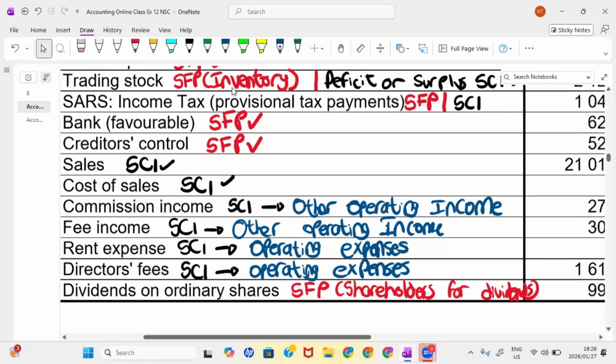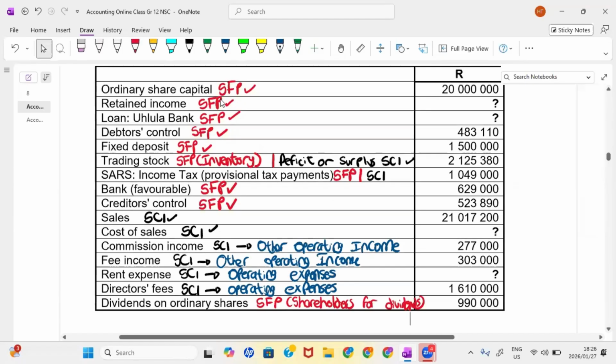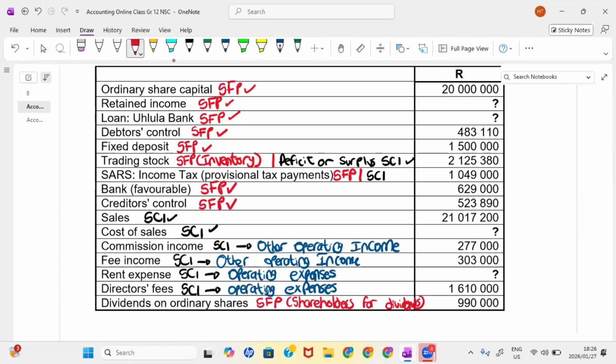So just to give a recap, everything that you see here written with black or blue is going to the income statement, the statement of comprehensive income. We can have trading stock there, whether it's trading stock deficit or trading stock surplus. We can have income tax, and then we can have sales, obviously.